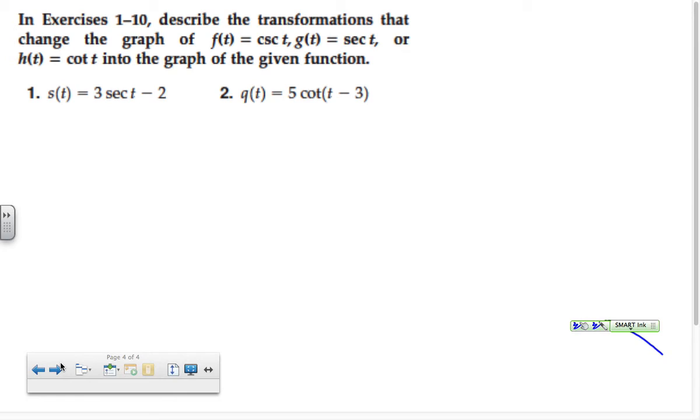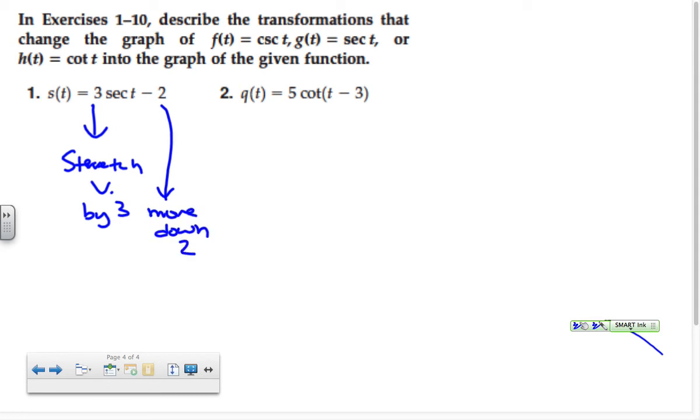It's a secant function. It's going to stretch vertically by 3 because the secant function is multiplied. So stretch vertically by 3. And then the other thing that we have going on here is a minus 2. So we're going to move down 2.